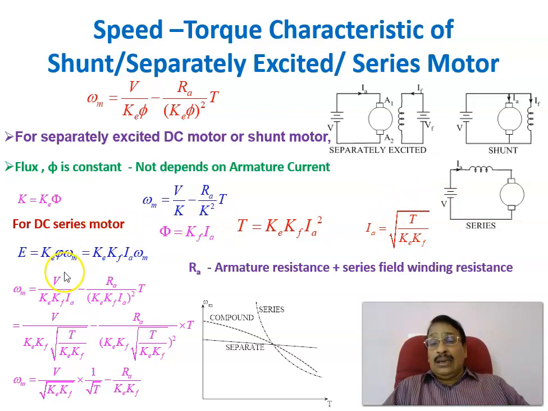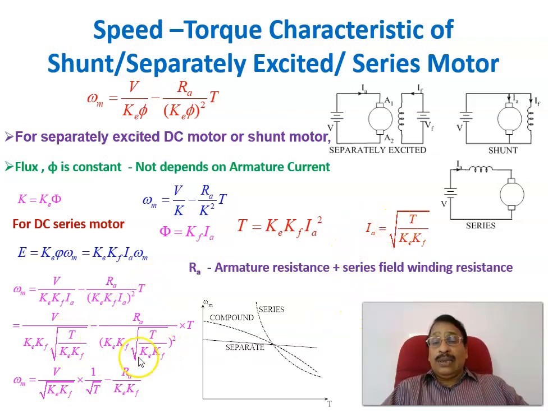Now coming to the basic equation for back EMF, it is equal to Ke into phi into omega M, where phi equals Kf into Ia, so Ke into Kf into Ia into omega M. Omega M is then V divided by Ke into Kf into Ia, minus Ra divided by Ke into Kf into Ia whole square, into torque.